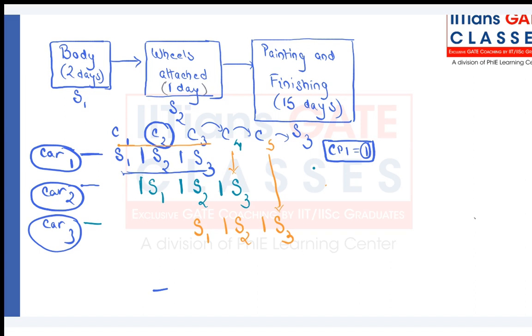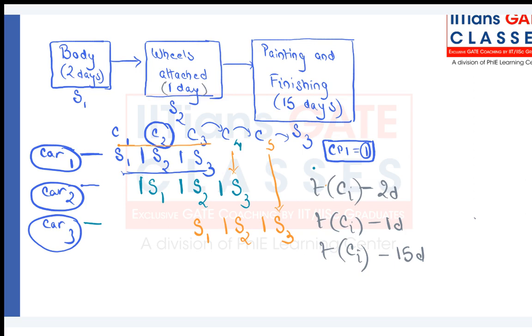I have 3 options. Either I can put my cycle time, let's say time per cycle, as either 2 days or 1 day, or I can put this as 15 days. Let's analyze each of them.